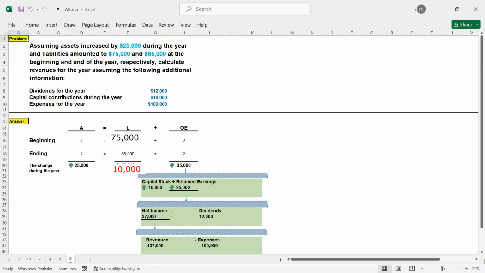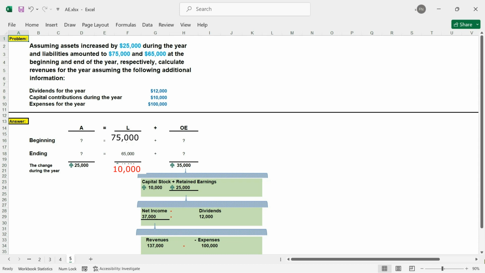Now, they don't give me the information that allows me to calculate the change in assets, but they did simply say that assets increased during the year by $25,000. The increase during the year is the change during the year, so $25,000 is the appropriate amount to reflect in the diagram under the change in total assets.